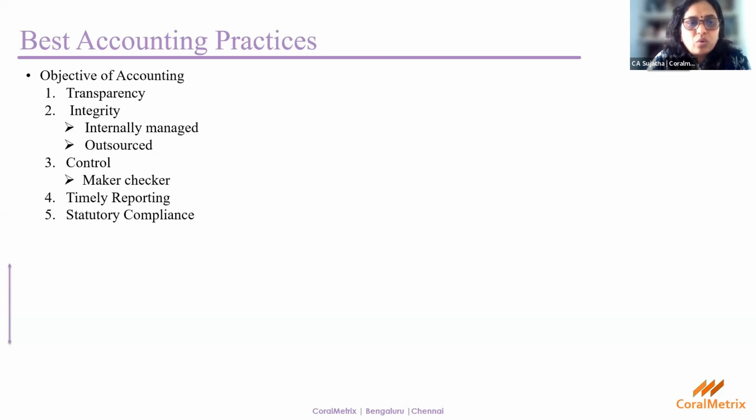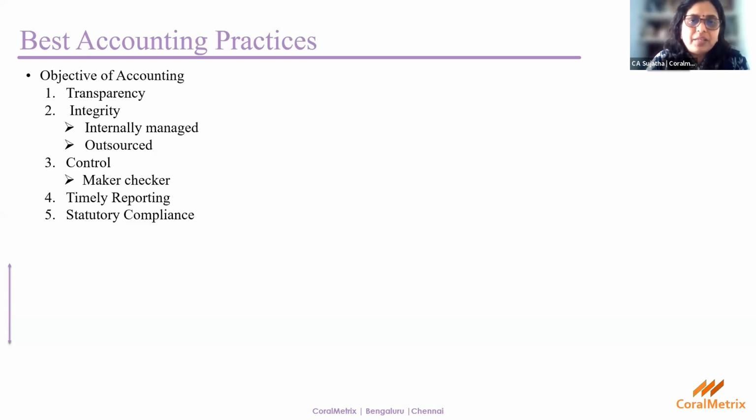When it comes to control, there should be a maker-checker concept. Though it may be a small association or a larger association, the treasurer becomes the key person. He is the person responsible for keeping the books of accounts.